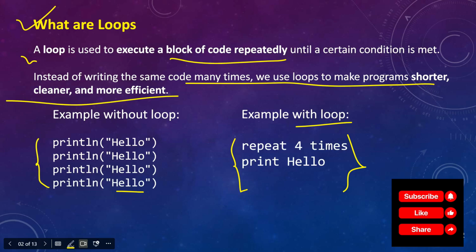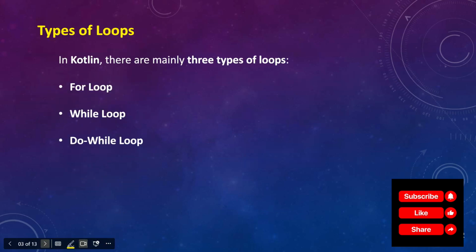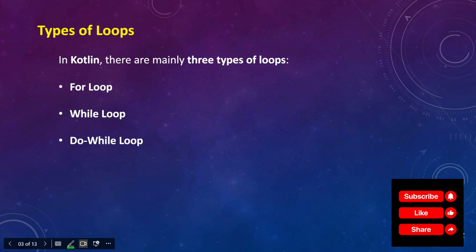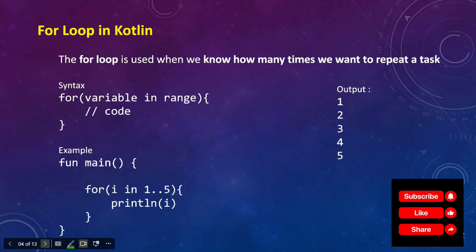So in Kotlin there are mainly three types of loops: for loop, while loop, and do while. First is the for loop in Kotlin. The for loop is used when we know how many times we want to repeat a task.